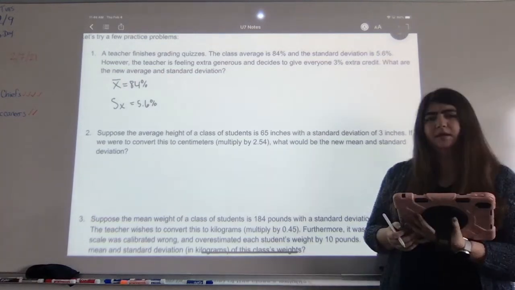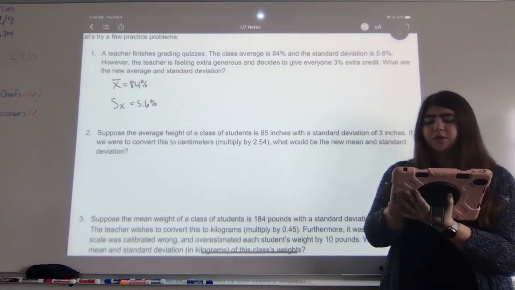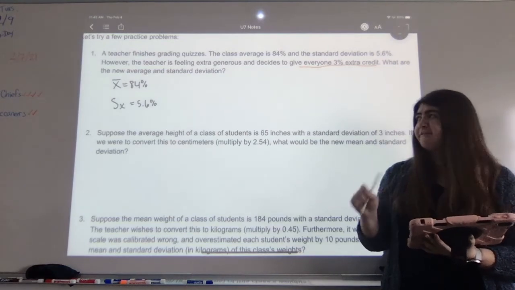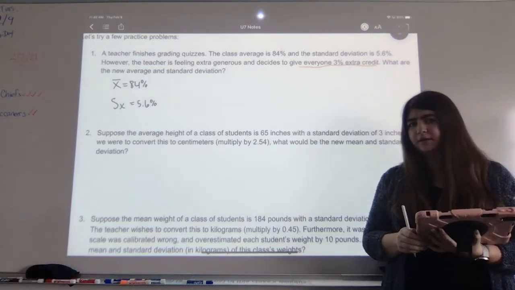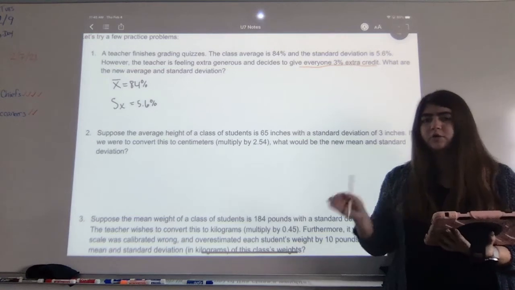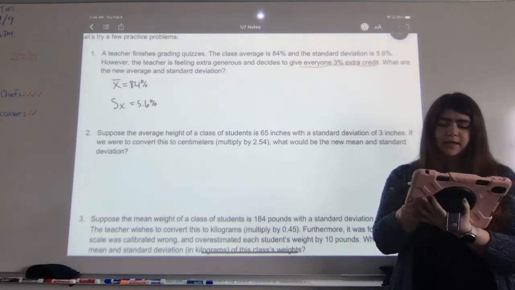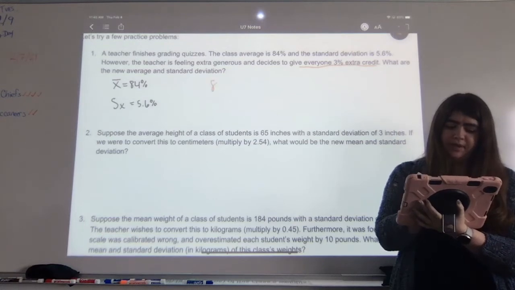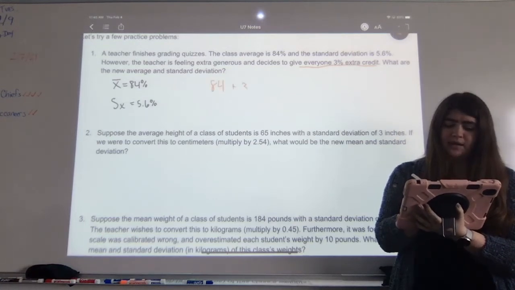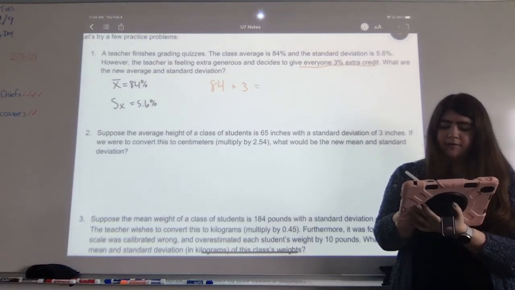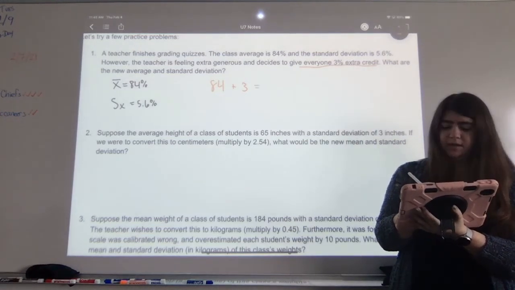And now it says that we are adding 3% extra credit. Does addition affect the standard deviation? It doesn't. It only affects the mean in this scenario. So we are going to take our original mean of 84 and add that change of 3% to it. So that gives me 84 plus 3 is 87.